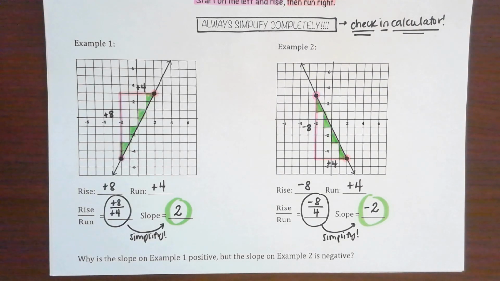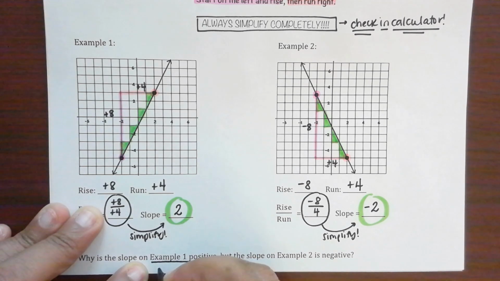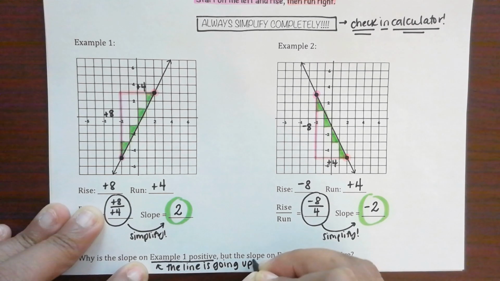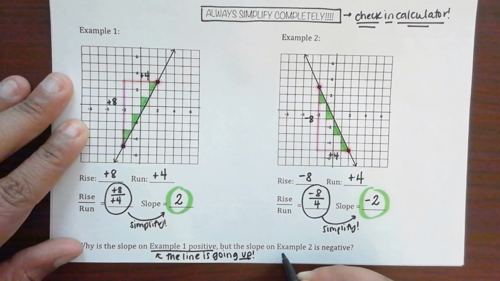It says, why is the slope on example 1 positive and the slope on example 2 negative? Well, how would you describe the line? What is the line doing in example 1? What's it doing from left to right? It's going up. There we go. So let's write that. So the line is going up. And how would we describe the line for example 2?